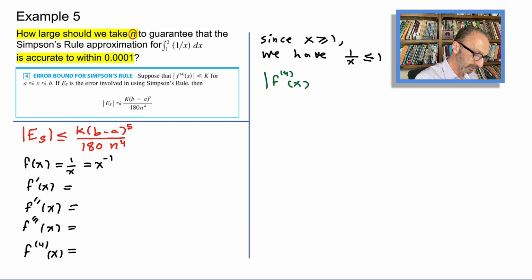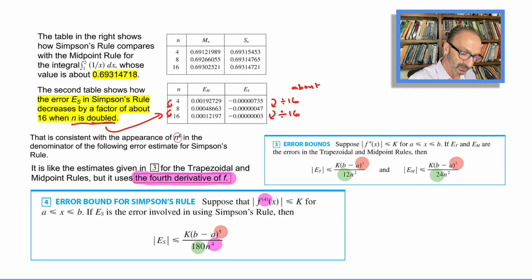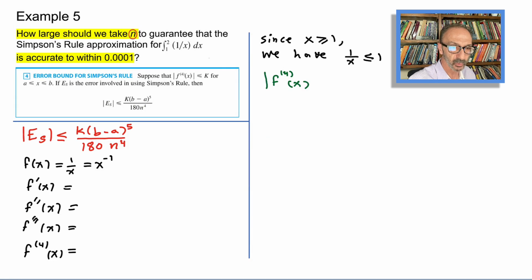It's written down below right here, but for convenience I'm writing it so I can start down below. Remember the 5 instead of 3, and n to the 4 instead of n to the second. Instead of 12 or 24, we're using 180.